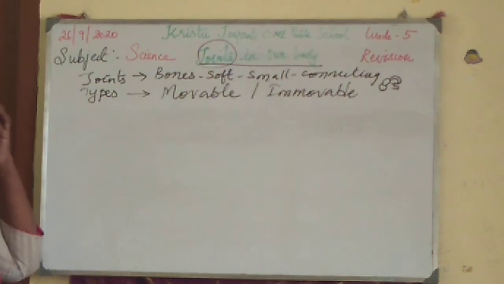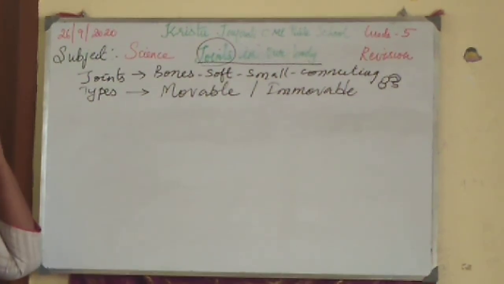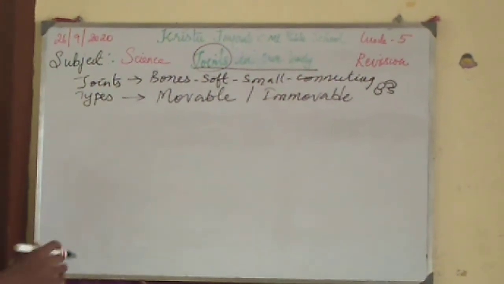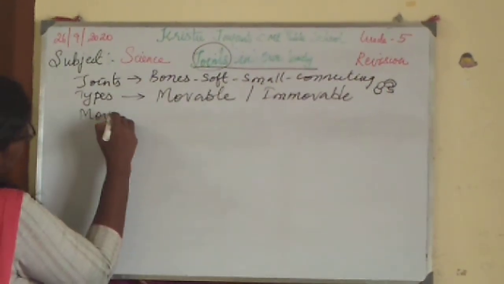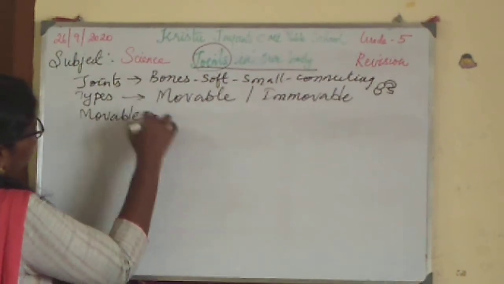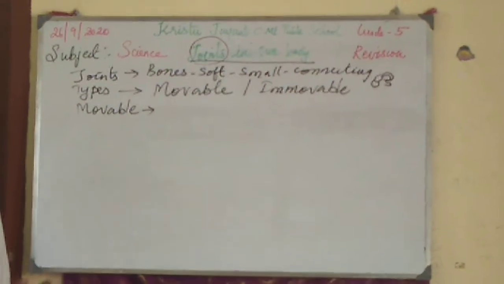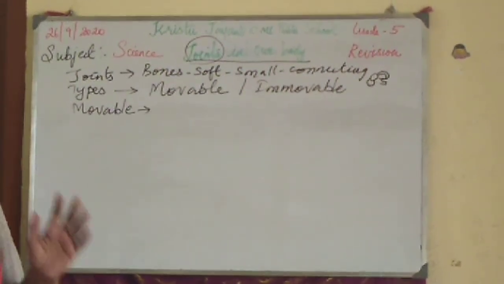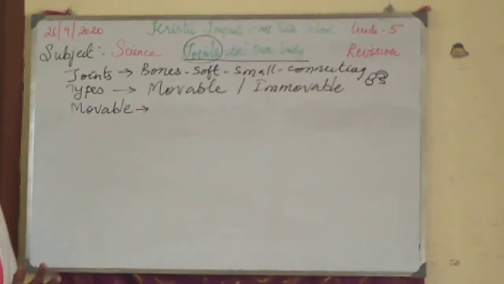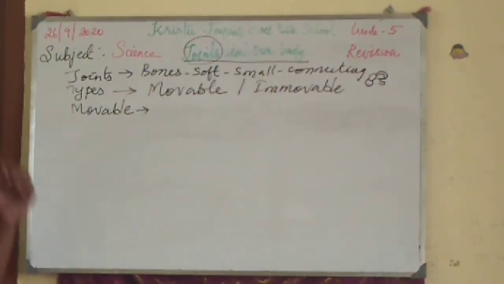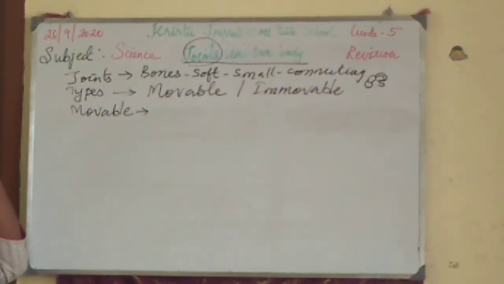Then we saw that types, we have different types of movable joints. Immovable is very less, but movable, depending upon the place where it is found, depending upon the function what it is doing, we can divide movable joints into several types.